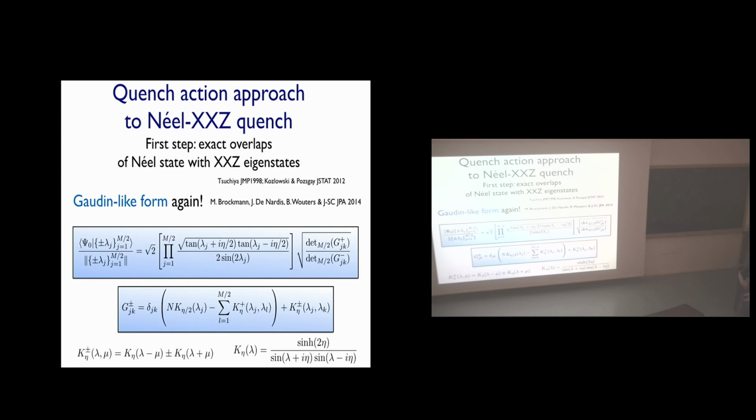It has nothing to do with the Gaudin model. The Gaudin model is a model of a set of spins coupled together in a very defined way. But this result of Gaudin on the norm of the states is much more general. It's in principle applicable to all integrable models, at least all non-nested integrable models.